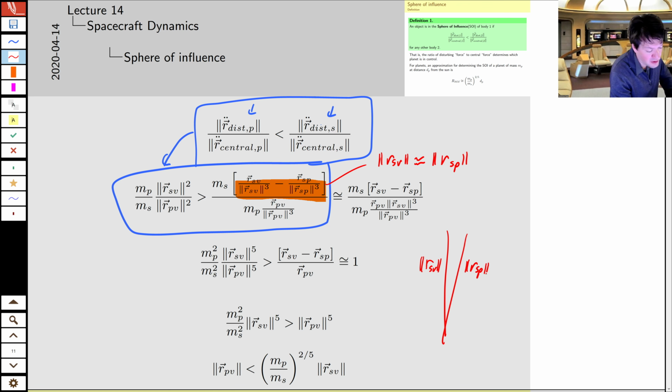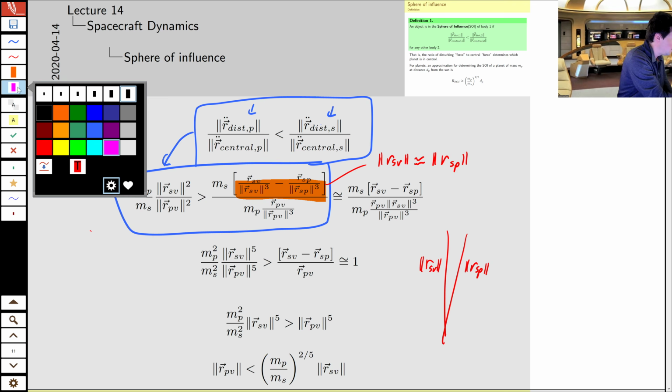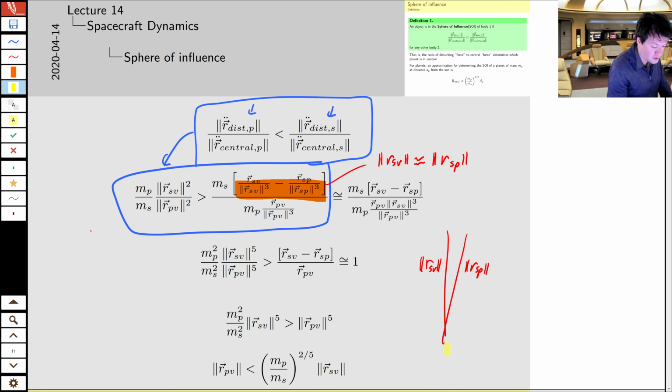And that's a pretty good approximation. Remember how small those little sphere of influence lines were, so this is a pretty good approximation. I'll draw a little sun there, and draw a vehicle, and draw another vehicle.